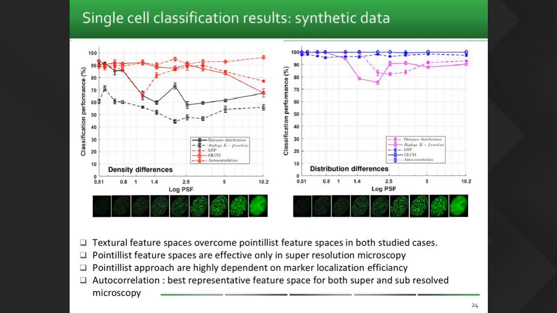If not, the classification will be almost random, because we have a lot of errors, a lot of parasites. Finally, we can select from the same type of feature spaces the one that gives the higher and the most stable result. That is the autocorrelation, because we can see that the classification performance is stable over all the PSF, whatever the PSF size.